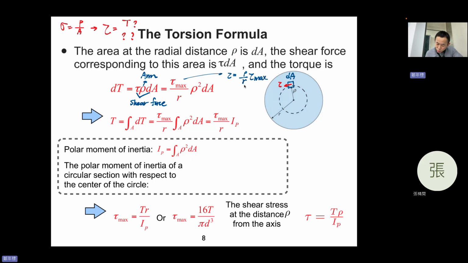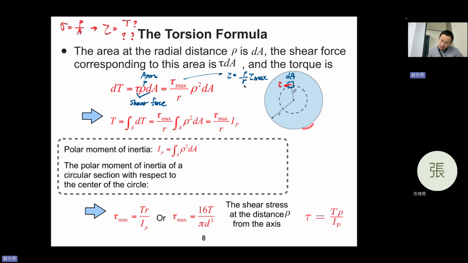So we replace tau with tau max divided by r times rho, and rho times rho becomes rho squared. So dT equals this. I guess there's no problem for you all. This is dT, the torque on a small area.